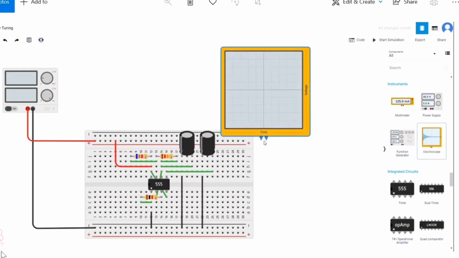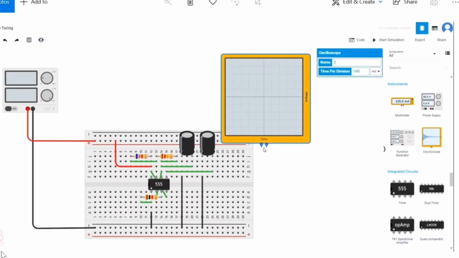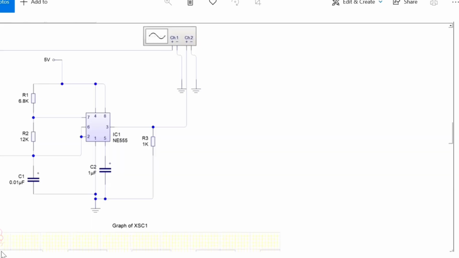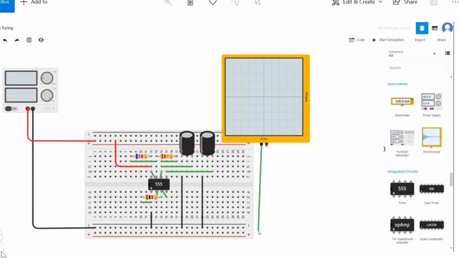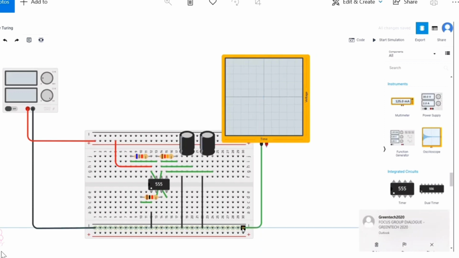Now connect a CRO. We need 2 CRO channels. First CRO to channel 1 for capacitor. So in between capacitor combination underground, then in between 3rd terminal underground. Fine. Take 1 CRO probe. 1 is connected to ground.